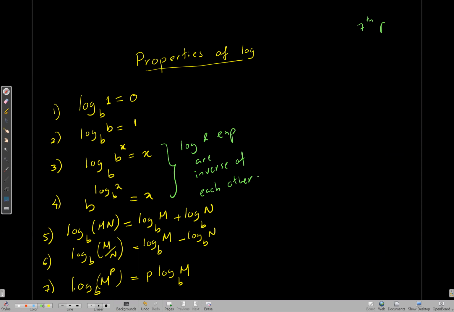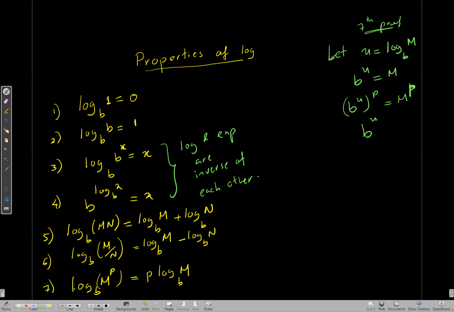The 7th one proof. In this one, let u equal log base b of m. So I have b to the u equals m, right? Now I'm going to take the pth power of both sides. So I raise to p both sides. I can do that.